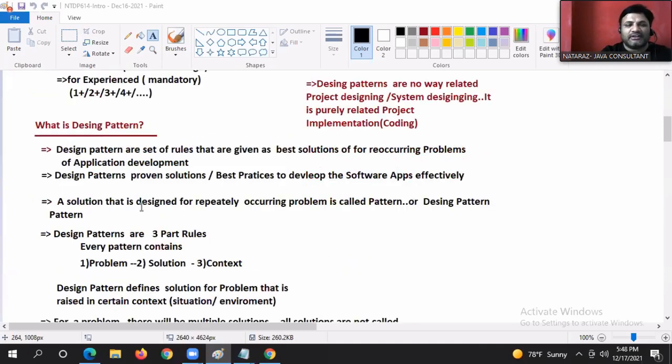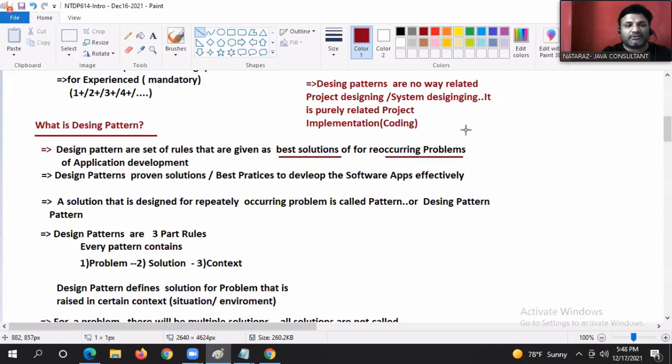After that, we discussed what a design pattern is. Design patterns are a set of rules given as best solutions for recurring problems of application development.